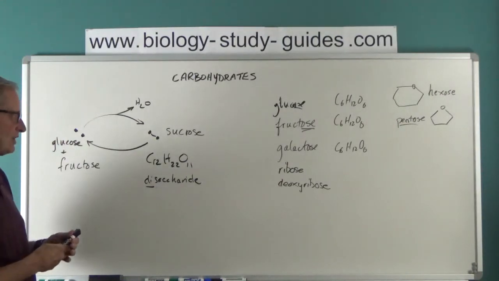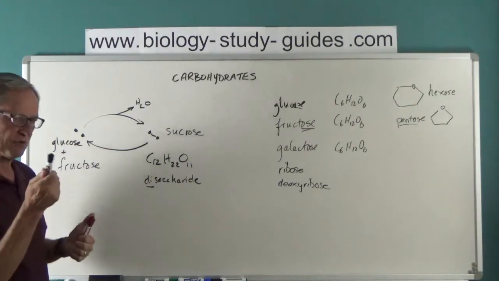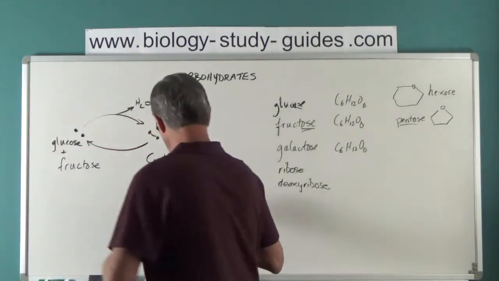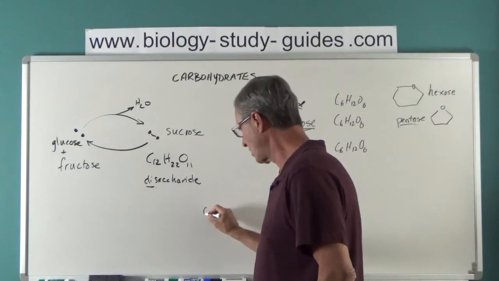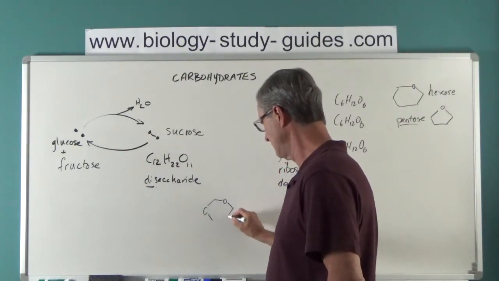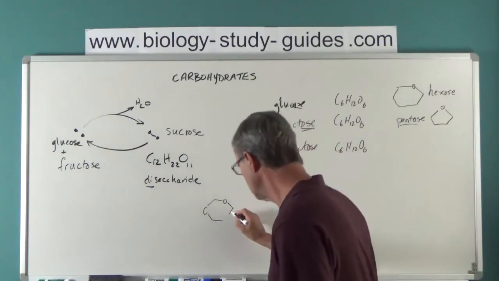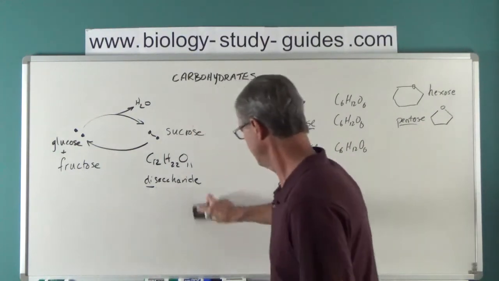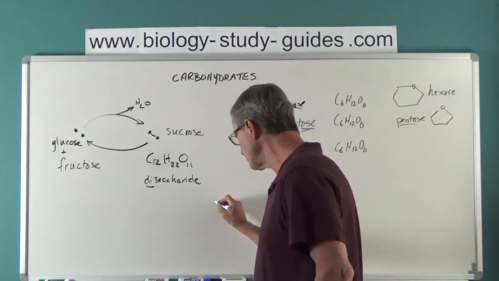You don't have to just get a disaccharide, because if you think back to that molecule, both sides had a carbon. Just take me a second here to sketch this again.